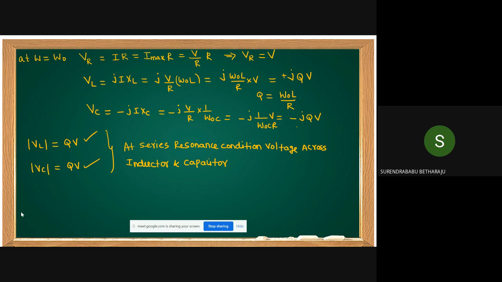Q times the supply voltage. Q times, where Q is the quality factor. Here also Q equal to 1 by omega naught C R. Q times the supply voltage.